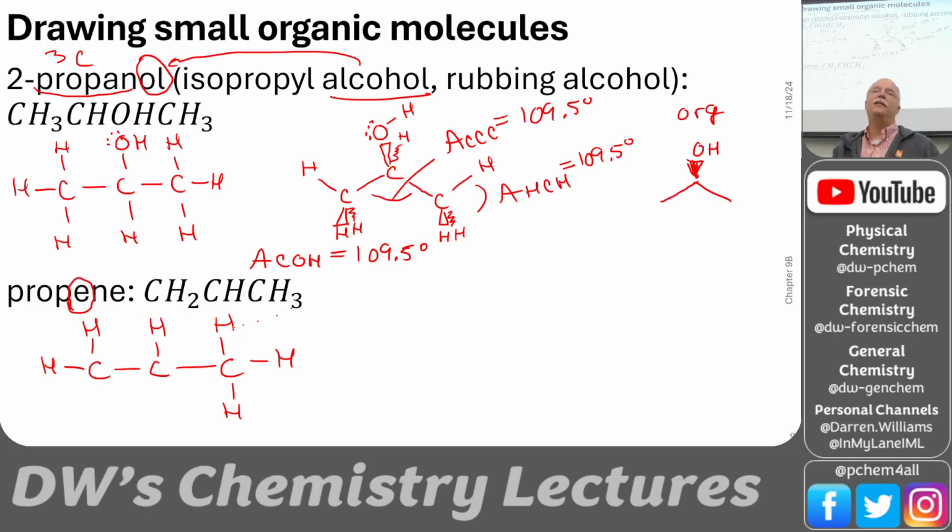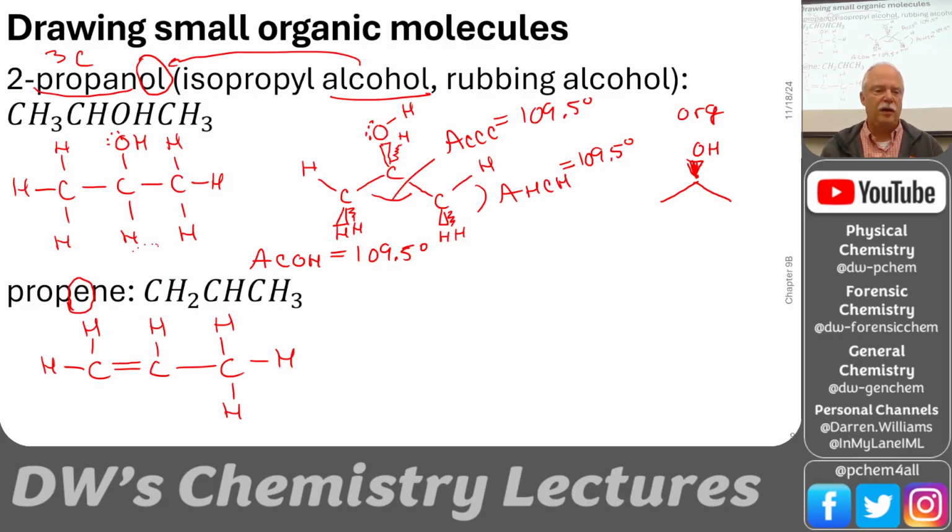If I were to add up the valence electrons, I've got 2 left, and I've got 2 choices to put them on here. Both of these carbons only have 6 electrons. If I put them on this one, it's going to share with that one. If I put them on that one, it's going to share with this one. So they're just going to make a double bond. And so that adds up to all the valence electrons in this molecule.